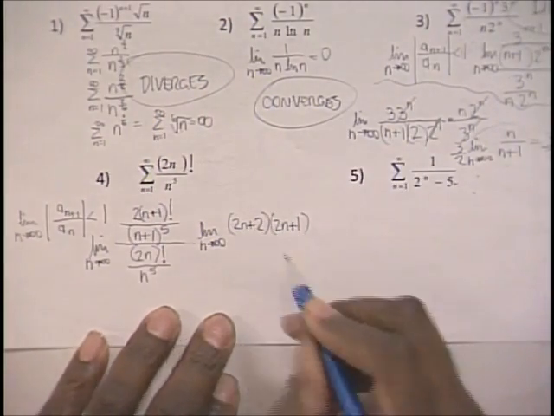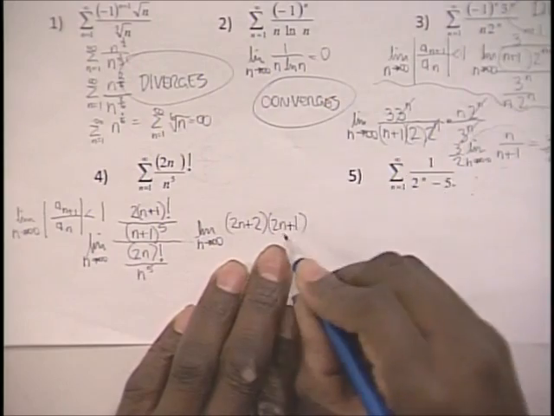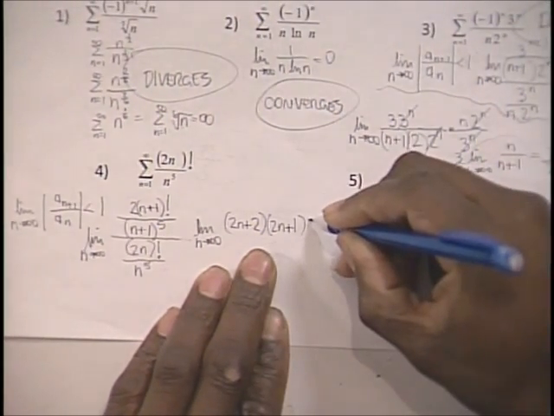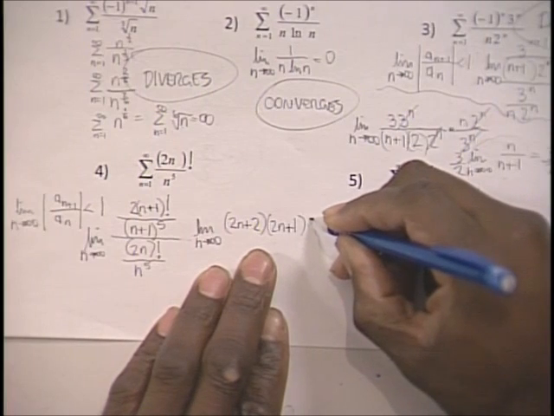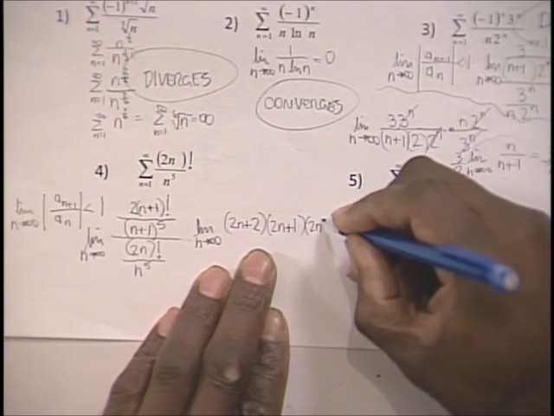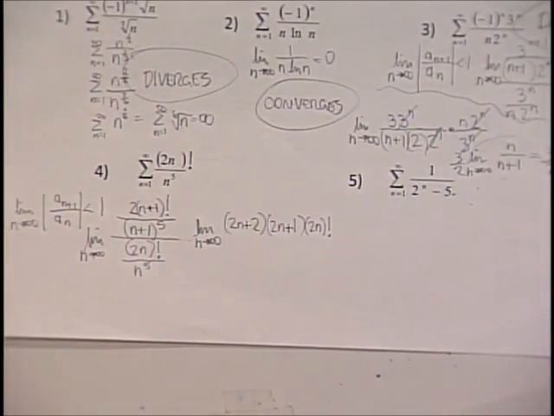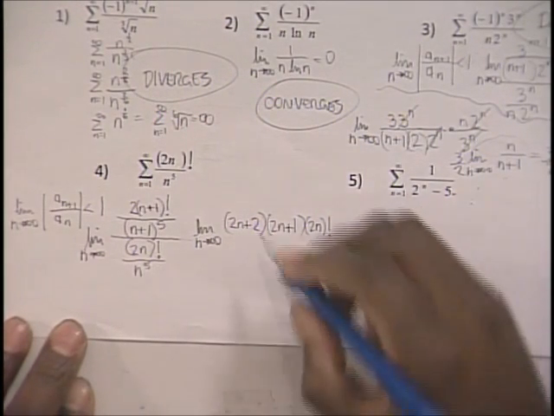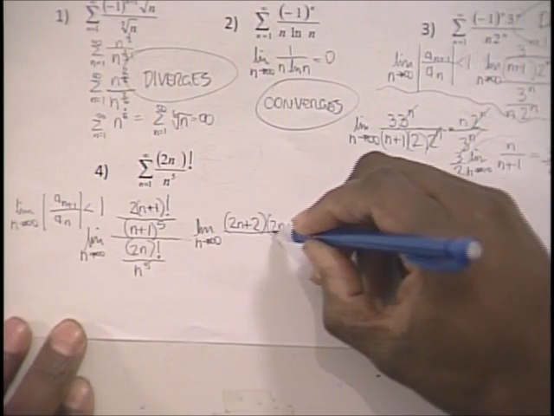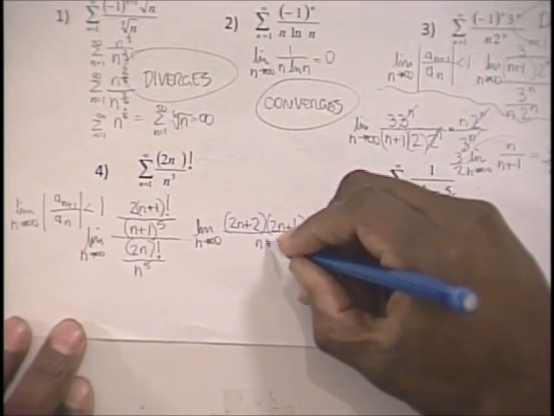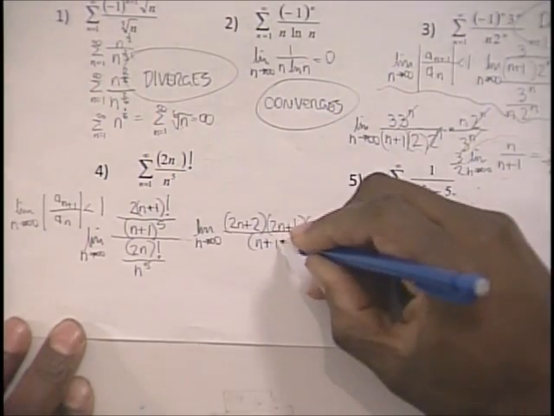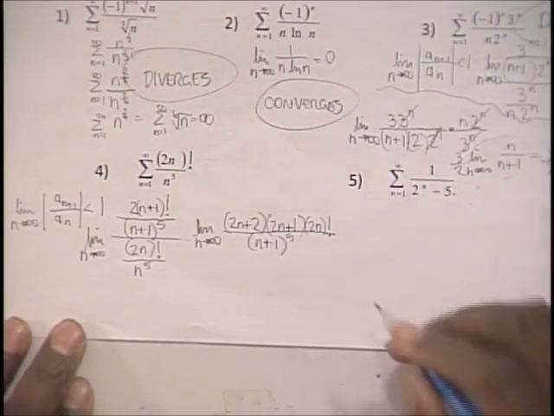I subtracted 1. And then times 2n minus 1 and so forth. But instead of saying all that, you can just say 2n factorial. So 2n plus 2 times 2n plus 1 times 2n factorial. That's all over n plus 1 to the 5th. You'll see why I expanded that in a minute.